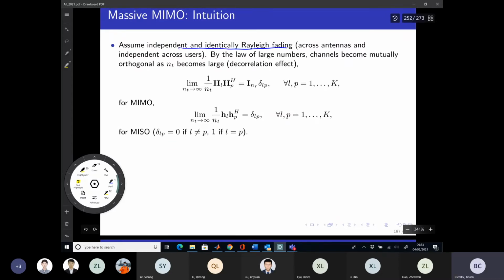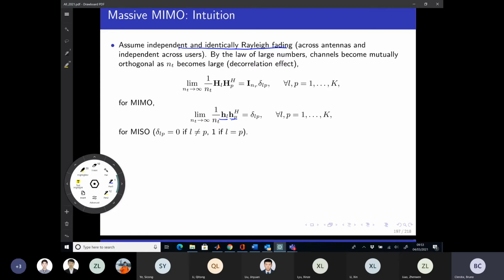If I take the channels of one user and do the inner product with the channels of another user, this inner product is likely to be equal to 0 in the limit where NT is equal to infinity. So 1 over NT multiplied by this will tend towards 0 if L is different than P. And so this is good.